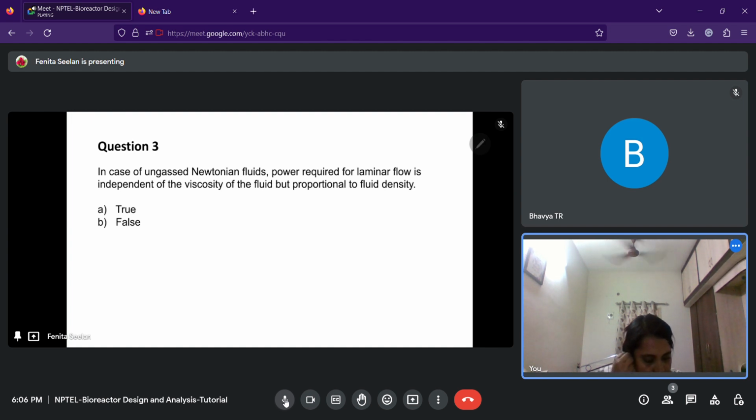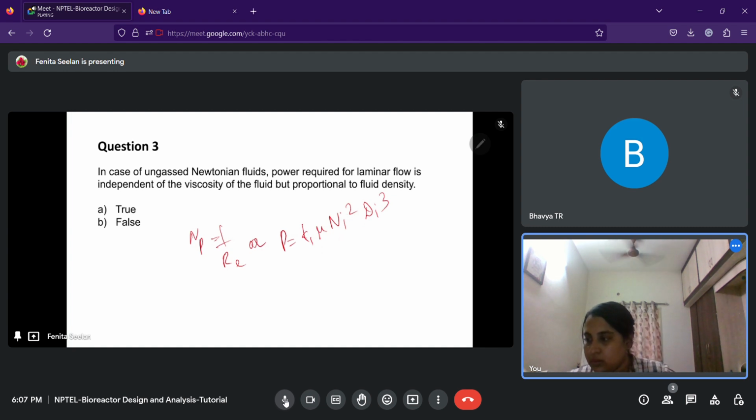What is the answer? In case of laminar flow, if there is no density coming into the picture, so this is actually false.